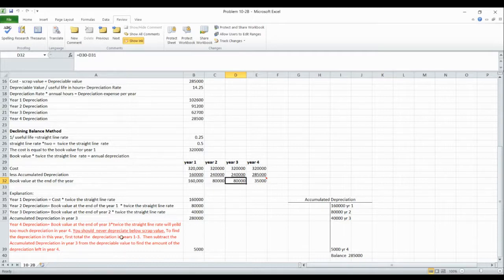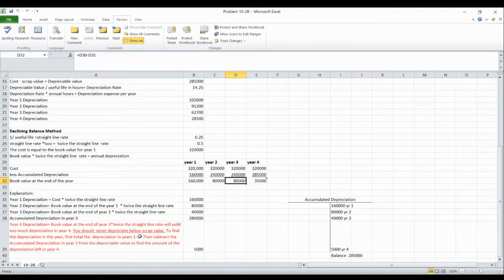You should never depreciate below the scrap value. Remember, I told you that at the beginning of the recording, and I'm emphasizing that again. You cannot go below the scrap value. If you had continued on, we would have depreciated below the scrap value, and you don't want to do this.